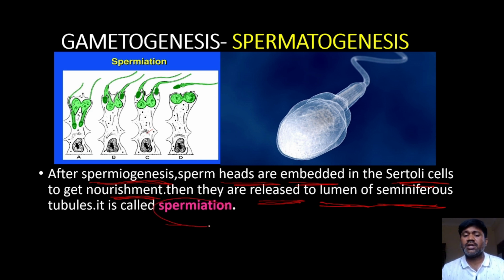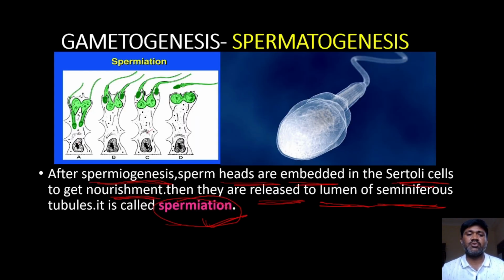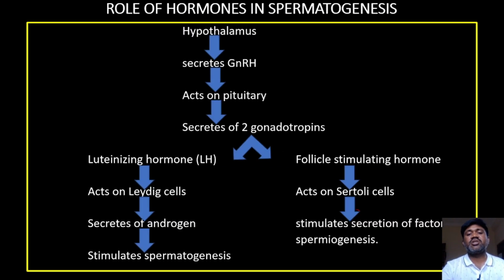This releasing of the matured sperm cells into the lumen of the seminiferous tubules is called the spermiation process. This you have to remember. Look at this diagram, you can understand very clearly.